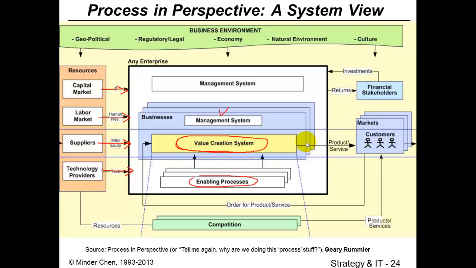The company will produce products and services to the market, to its target customers, maybe in a particular segment. And in the financial market, the shareholders may invest in the company, and the earnings, increase in stock price or dividends may return to the investors to reward their investment.